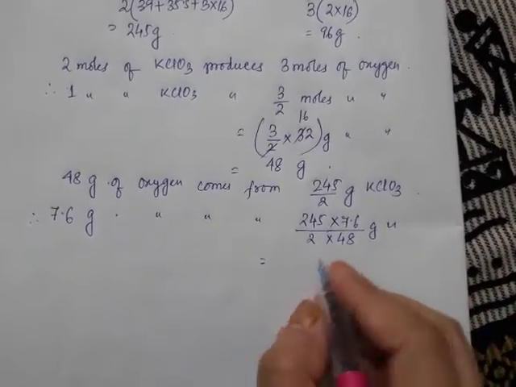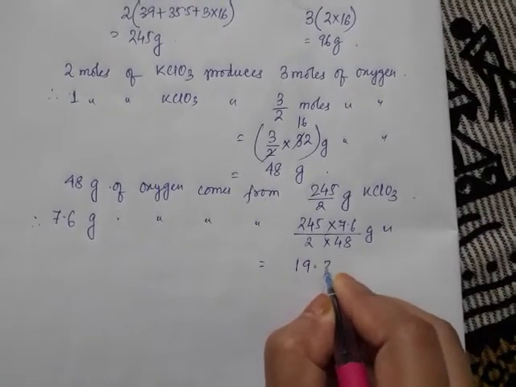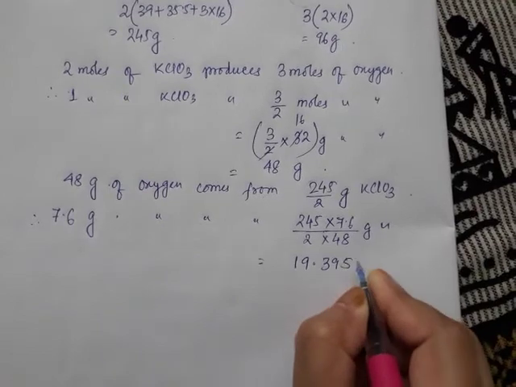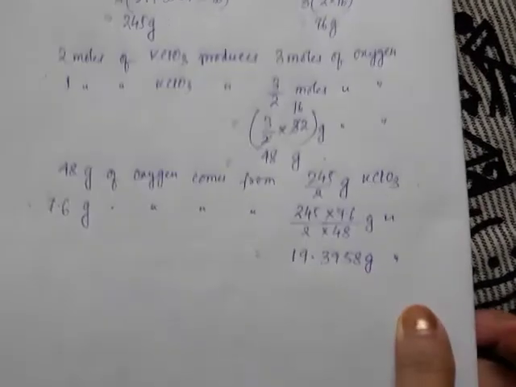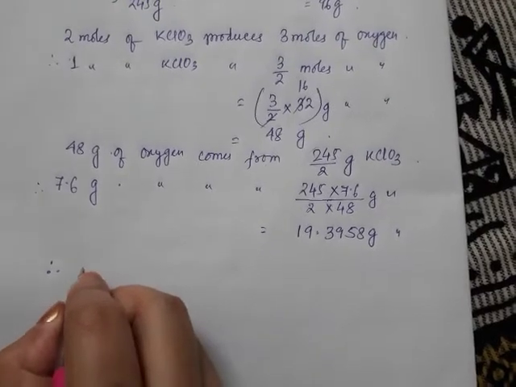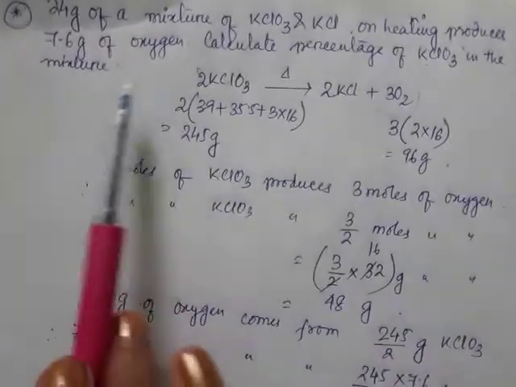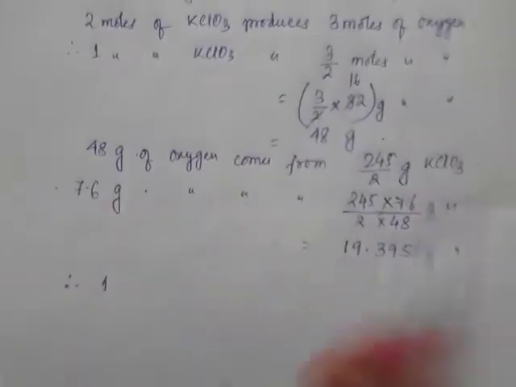Okay, so the answer is 19.3958 grams of KClO3. Now we can calculate the percentage of KClO3 in the mixture, because the mixture is a total of 24 grams.